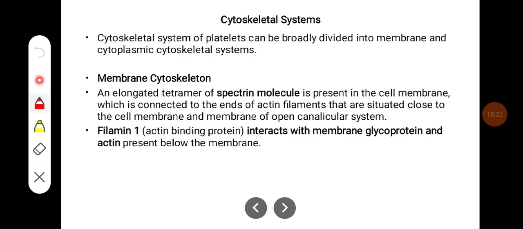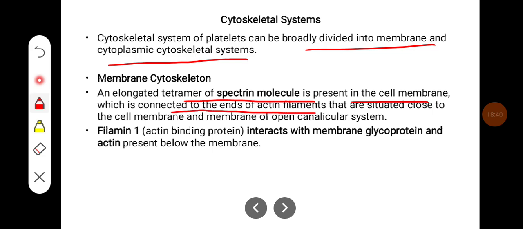The cytoskeletal system of platelets can be broadly divided into membrane and cytoplasmic skeletal systems. The membrane cytoskeleton has an elongated tetramer of spectrin molecules present in the cell membrane, which is connected to the ends of actin filaments that are situated close to the cell membrane and the membrane of the open canalicular system.